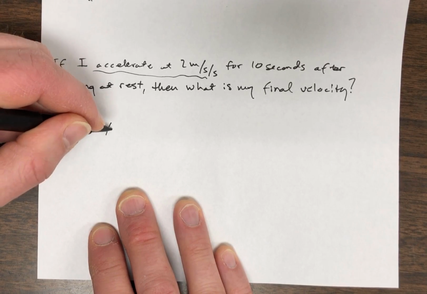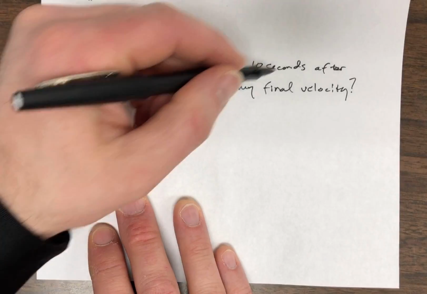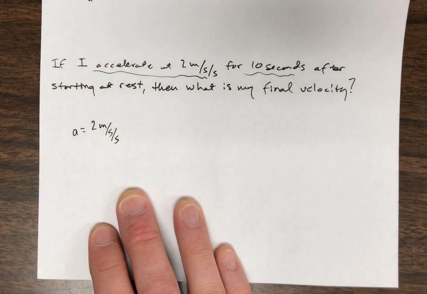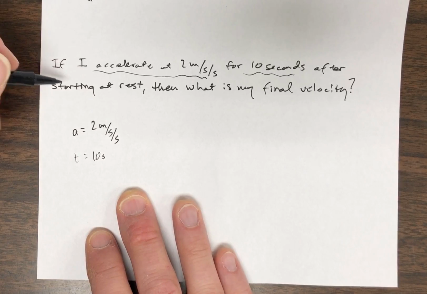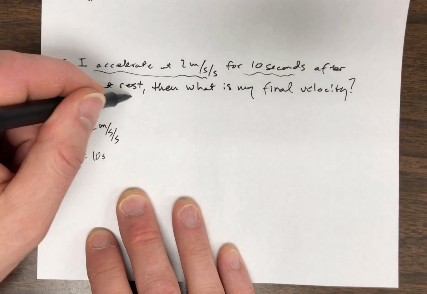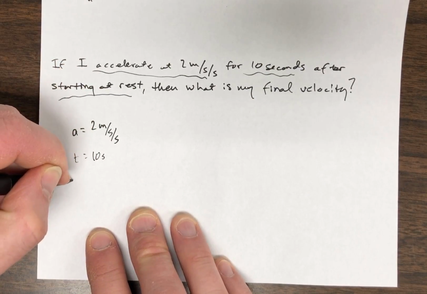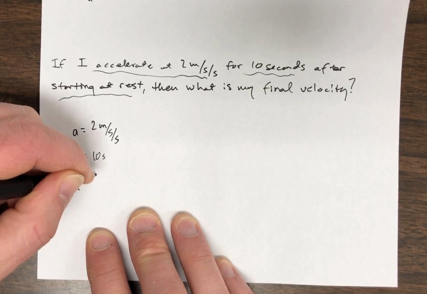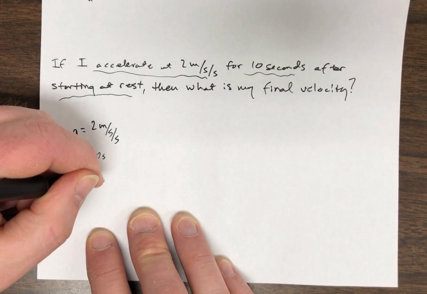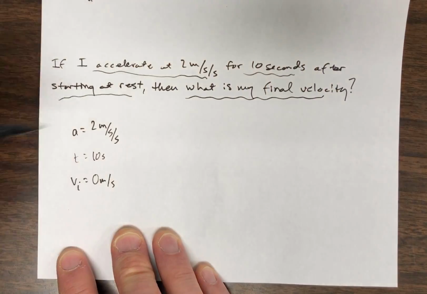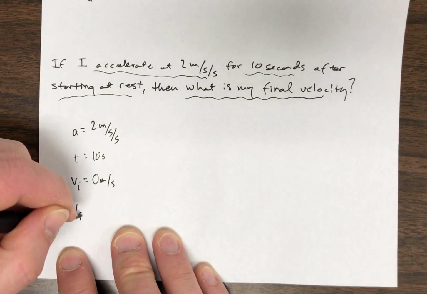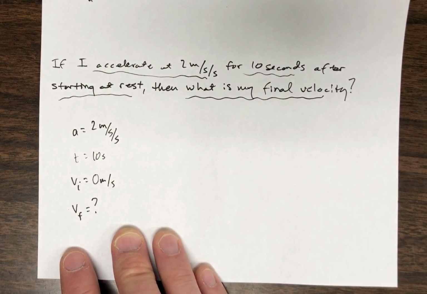It says I do that for 10 seconds. Well, 10 seconds is a time. And it says I start at rest. Okay, well, starting velocity is VI, and that's 0 meters per second. So the question is asking, what is my final velocity? So what is VF? We'll just put it in as a question mark.